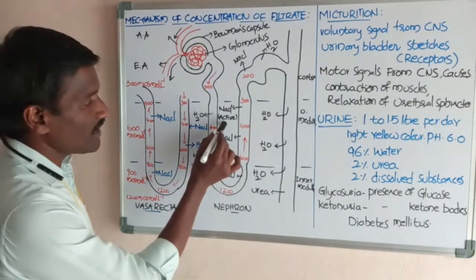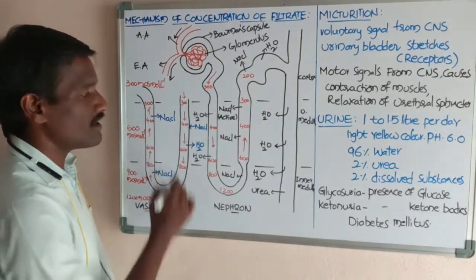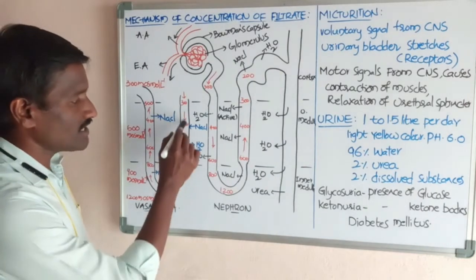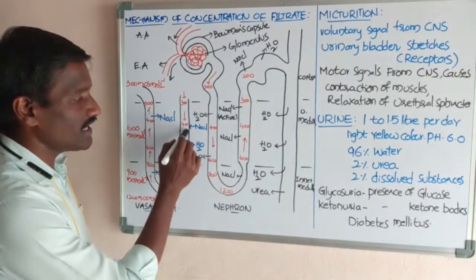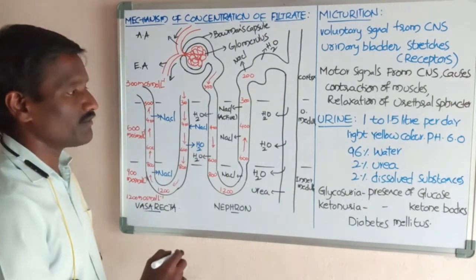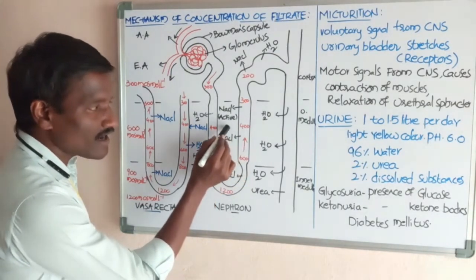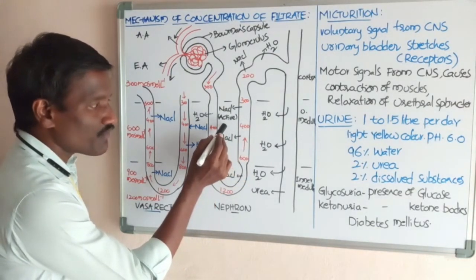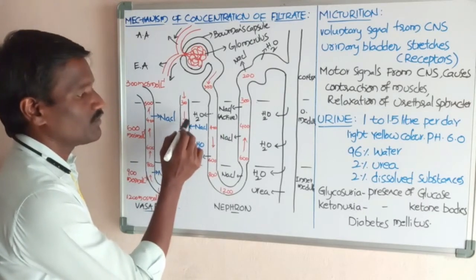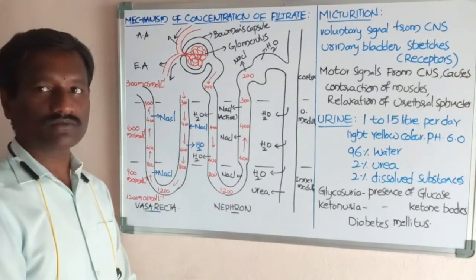From the medullary interstitium, this is absorbed into the blood of the vasa recta through the descending limb of the vasa recta.